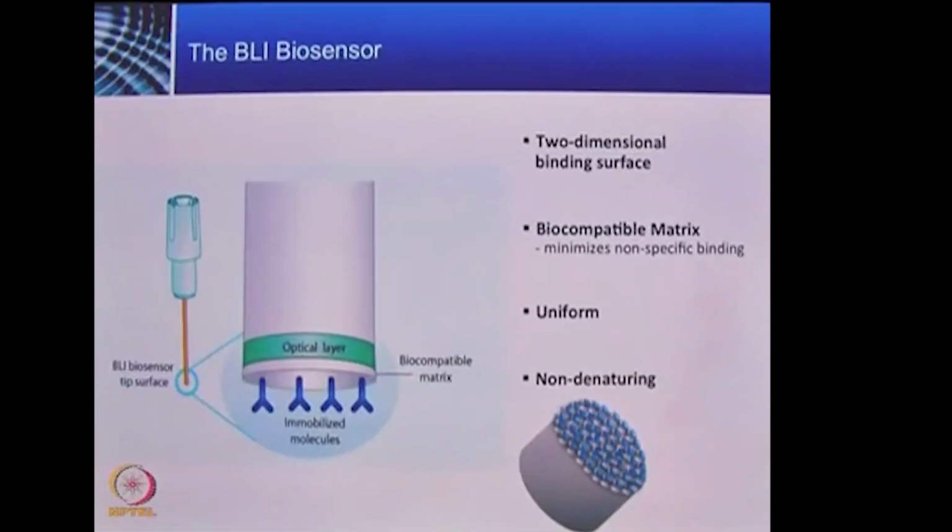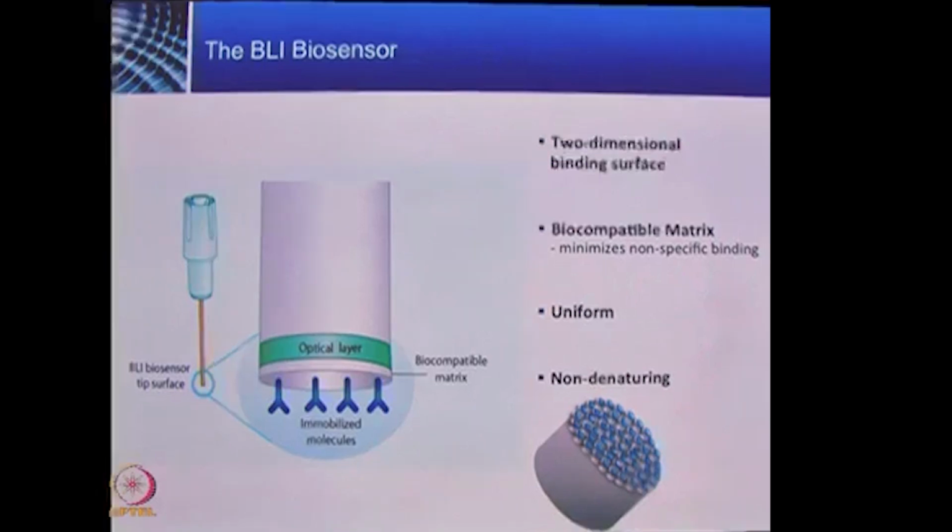This matrix allows you to immobilize molecules on its surface to allow further analysis of biomolecule interactions. The benefit of this patented biocompatible matrix is that it is very uniform, it minimizes nonspecific molecule binding to the membrane, and it is also non-denaturing.